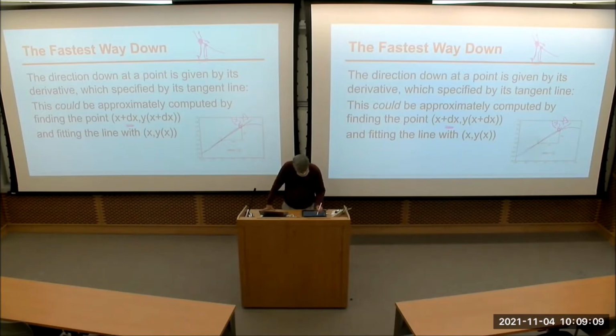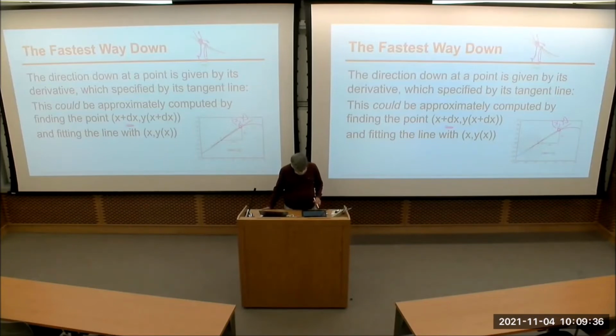If I took a line and fitted it through those 2 points, the slope of that line will tell me whether going in that direction was a good idea. If the slope is downward, it was a good idea. If the slope was upward, it was a bad idea.